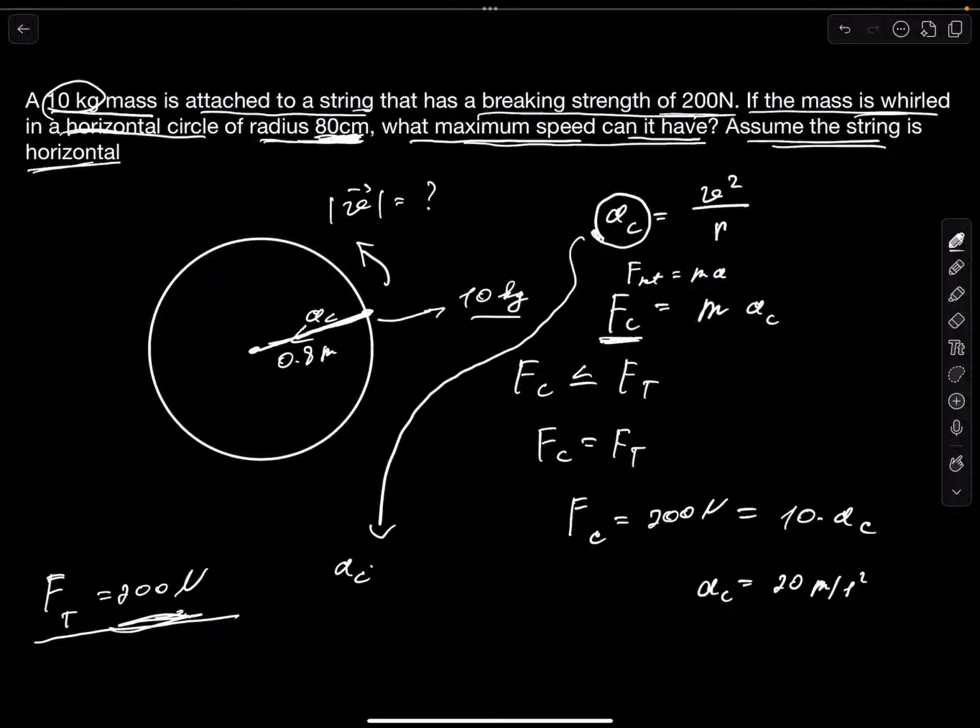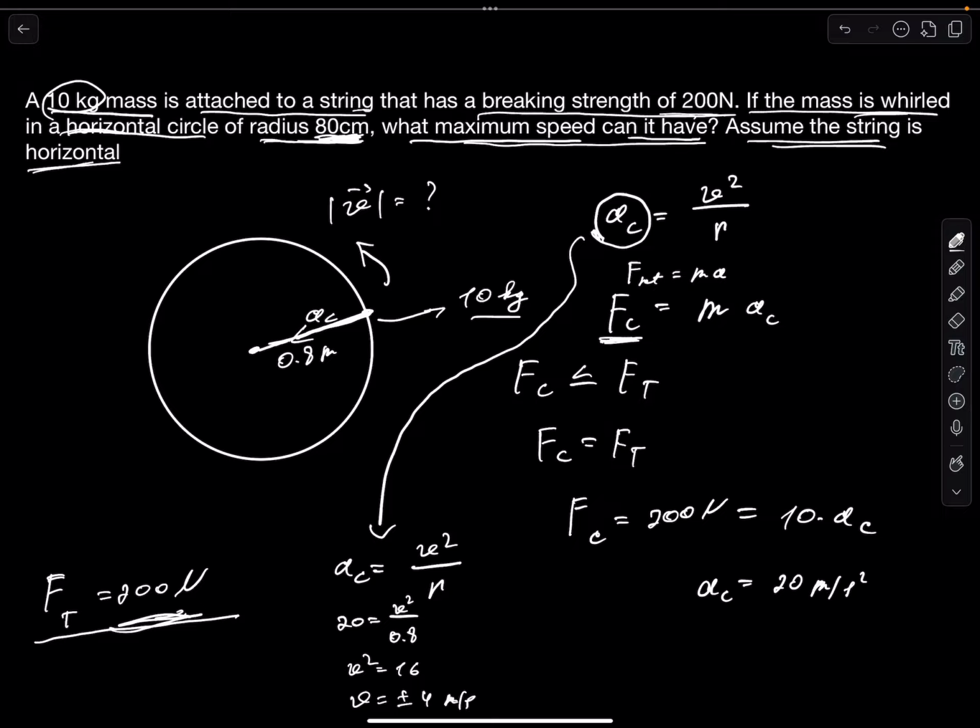We have the centripetal acceleration is velocity squared over the radius. We know the centripetal acceleration is 20 meters per second squared. We're solving for v squared, for v to be precise, and the radius is 0.8. So 0.8 times 20 is going to get us 16. So velocity squared is 16. So velocity is either positive or negative 4 meters per second.